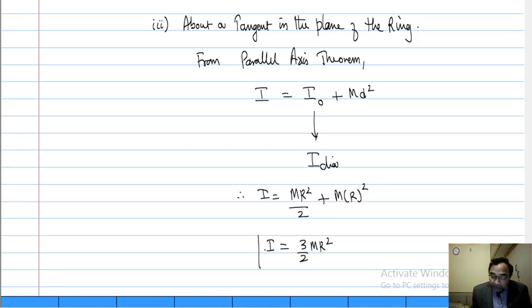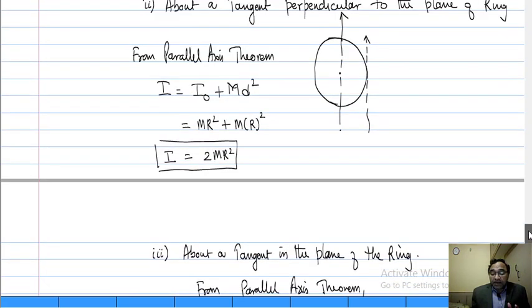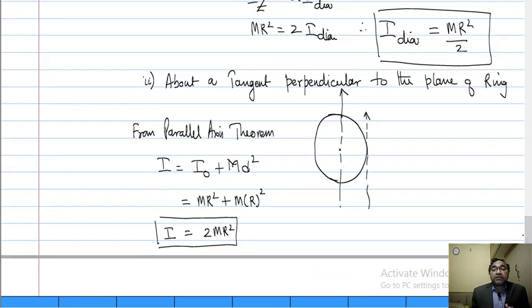Please observe how the moment of inertia of a ring continuously changes depending on the axis about which you are finding it. In the same way, we can find it for any geometrical figure or object. For the disc also we can find it out. So how exactly are we to apply the parallel axis theorem and perpendicular axis theorem?